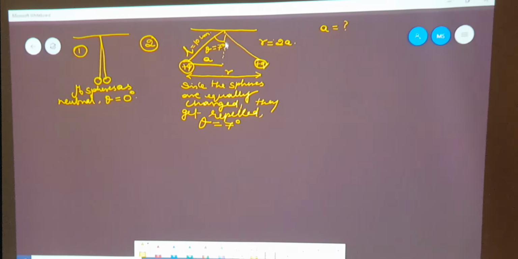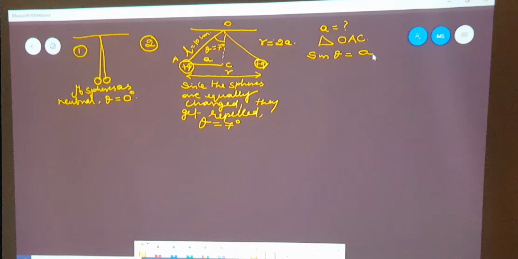Consider this right angle triangle. Let us mark this as O, this as A, this as C. So consider the right angle triangle OAC. In this right angle triangle OAC, you calculate sin theta. Sin theta is opposite side by hypotenuse.